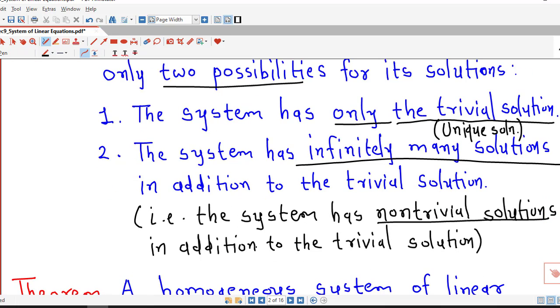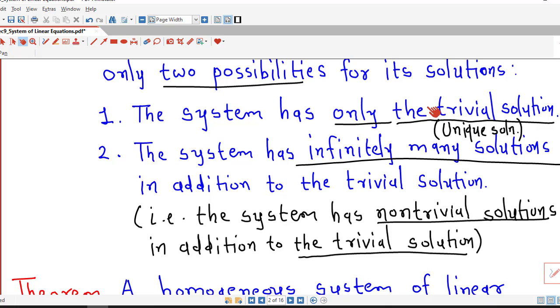So non-trivial solutions are nothing but solutions which are different from the trivial solution. So for any homogeneous system there are only two possibilities. Either the system has a unique solution or infinitely many solutions. Unique solution is nothing but the zero solution. If a homogeneous system has only one solution, then that solution will always be the solution in which all the variables have zero value.